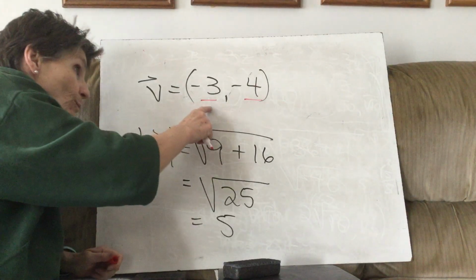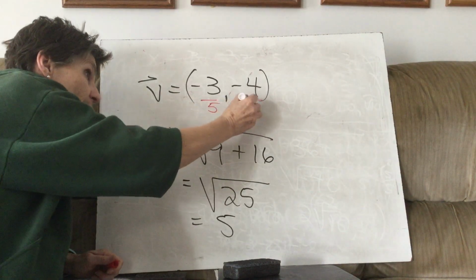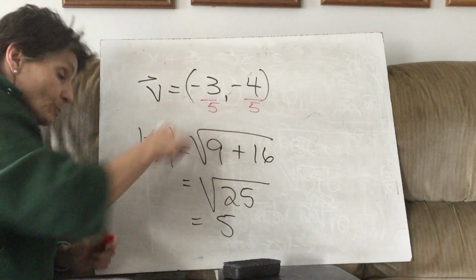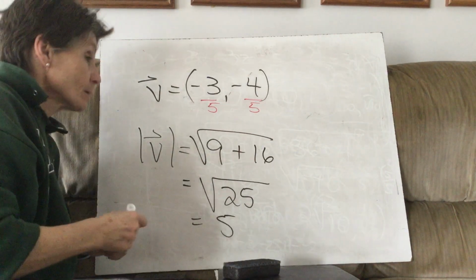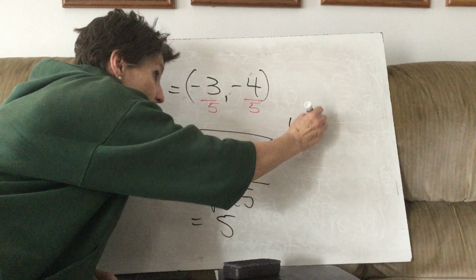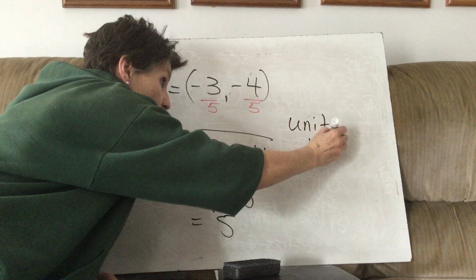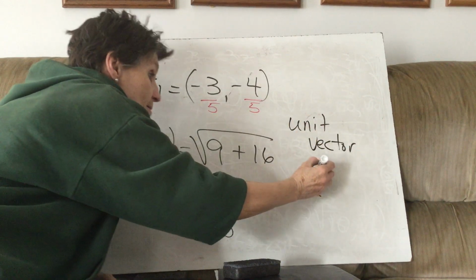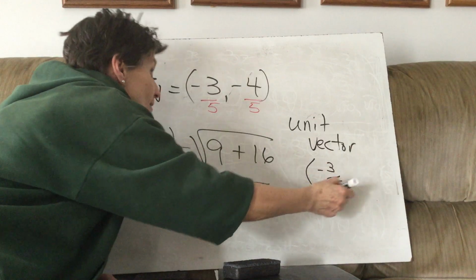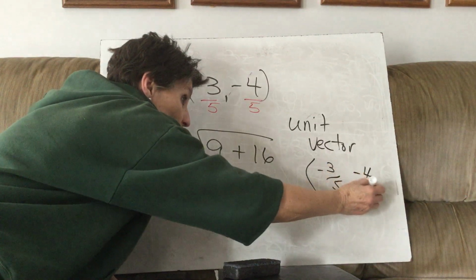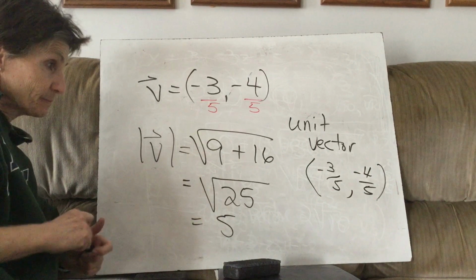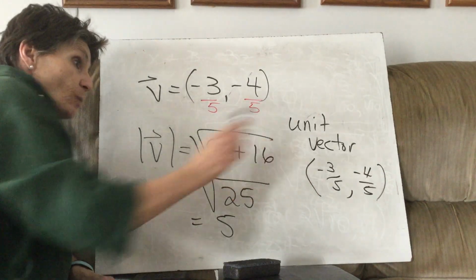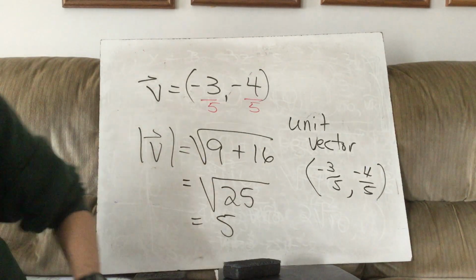So we're going to take our original coordinates and divide them by the magnitude we got. So our unit vector is negative 3/5, negative 4/5. And that's the answer to the question right there. That's your unit vector.